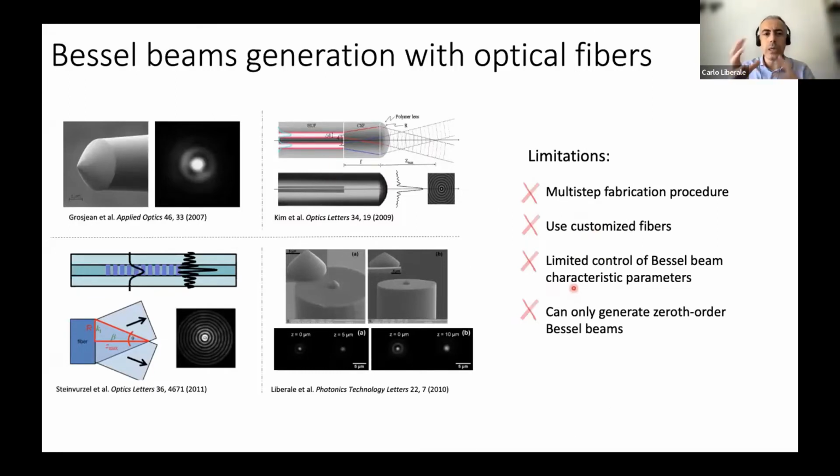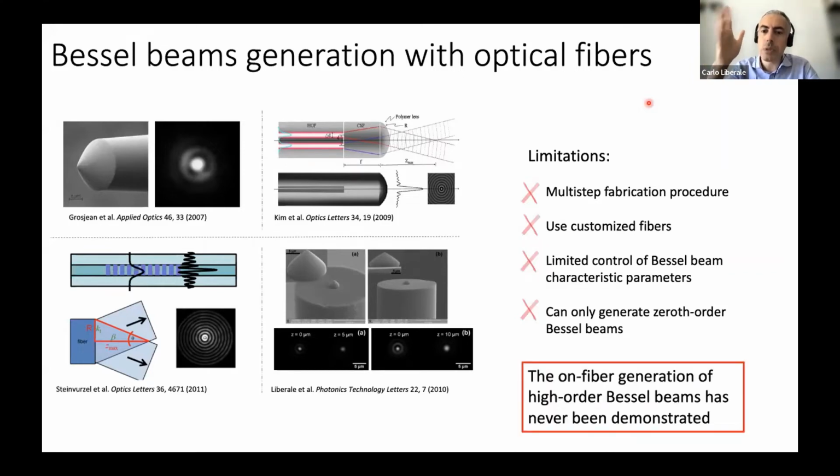And because of the limitations of the fabrication, typically you have limited control on the characteristics of the structure you can fabricate, and also limitations on the characteristics of the Bessel beam you can generate, such as control of the beam size and so forth. In particular, to testify to the limitation of the previous approaches, no one has ever demonstrated high order Bessel beam generation from optical fibers, so beams which also carry optical angular momentum.